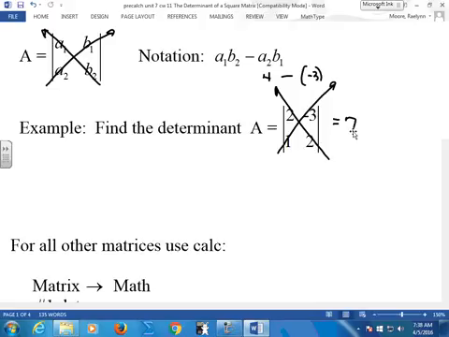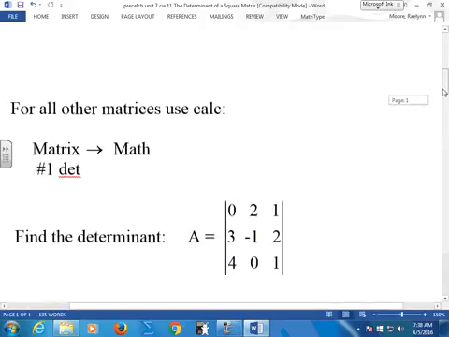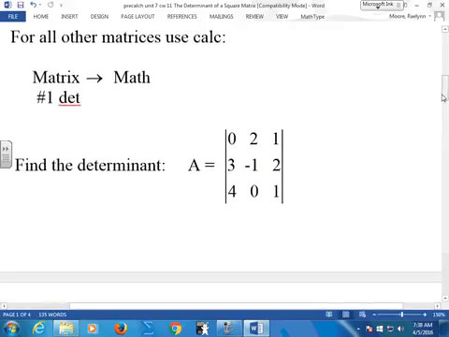It's a special number associated with your matrices. It's sitting right there on number 1. We don't ask you to find this by hand. There's a whole pattern to this. Sometimes colleges make you find them by hand, but we don't. So put this guy in your calculator and find me the determinant.